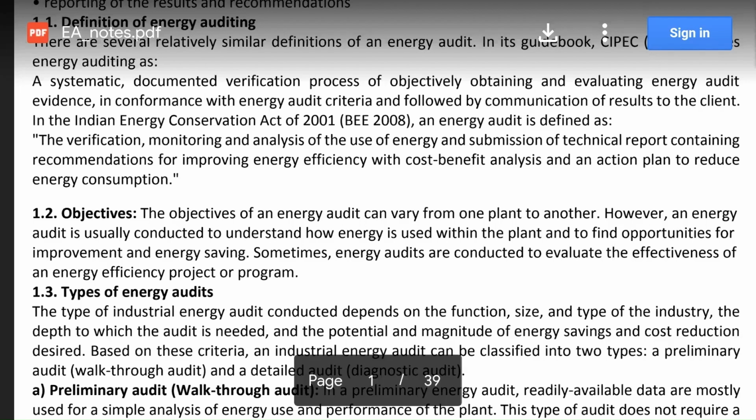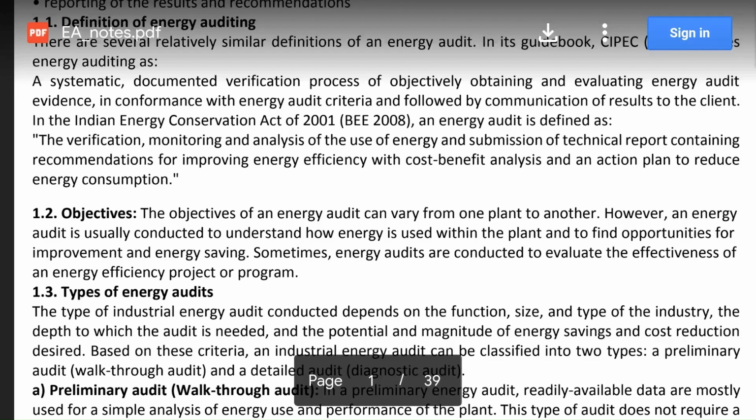In general, we can say that it is the systematic, documented verification process of objectively obtaining and evaluating energy audit evidence in conformation with the energy audit criteria, followed by the communication of results to the client.